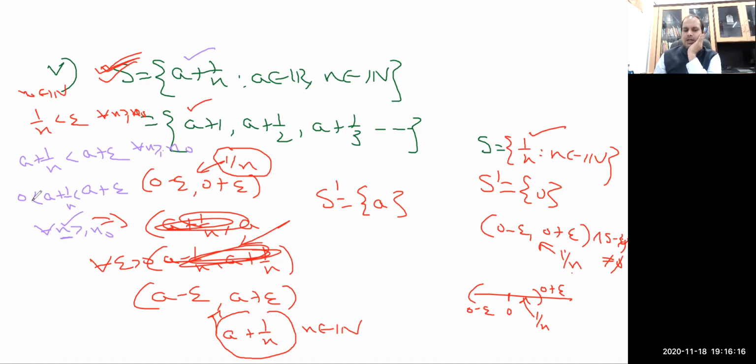So this is the reason that every neighborhood contains infinitely many members of the type a plus 1 by n, and its intersection with the set is always non-empty. Thus, its derived set is A only.